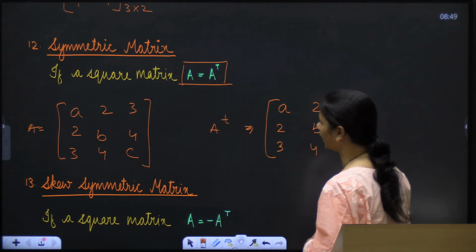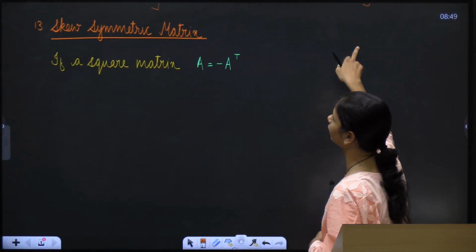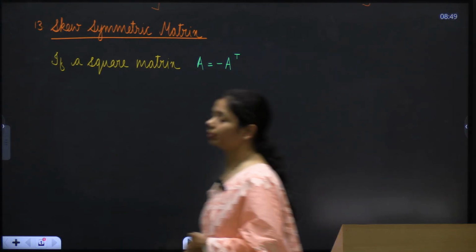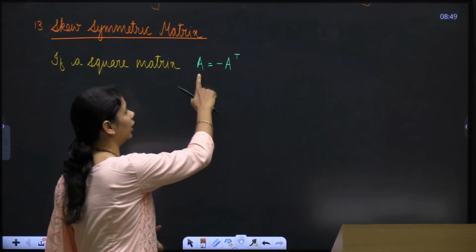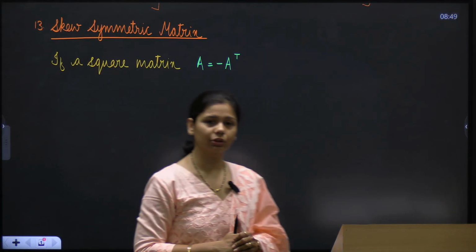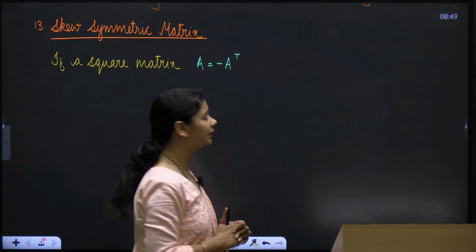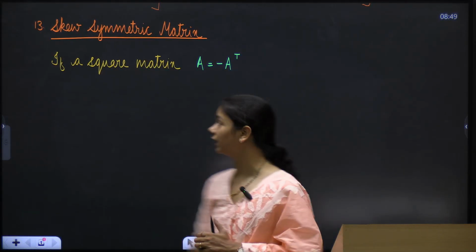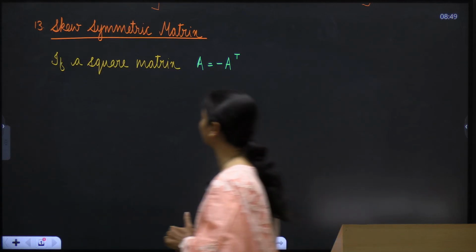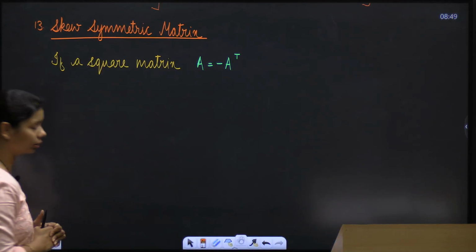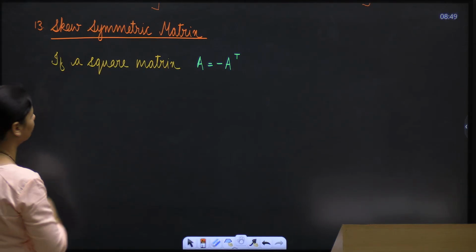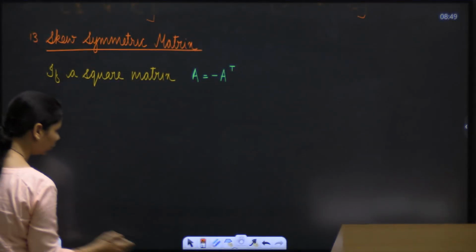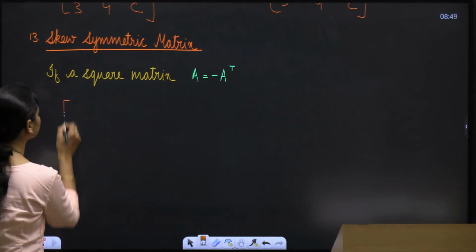Then the last one is the skew symmetric matrix. A skew symmetric matrix is also a square matrix, but in which A is equal to minus A transpose, that is, on taking the transpose of A you must get the negative value. So somewhere it is related to the symmetric matrix.